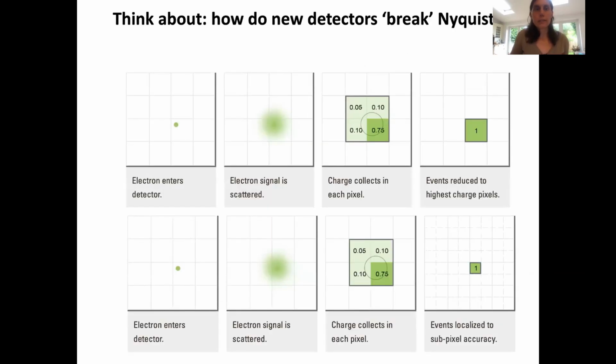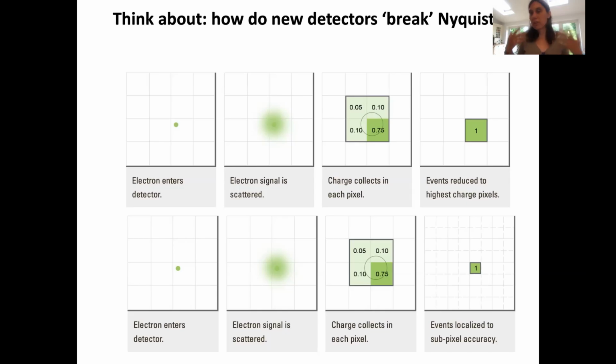And then I think this is the last thing: how do new detectors break Nyquist? This slide is quite old. These are not very new anymore, and I'm sure a lot of you don't even remember when we didn't have direct detectors, but you can use the latest generation direct detectors in super resolution mode.